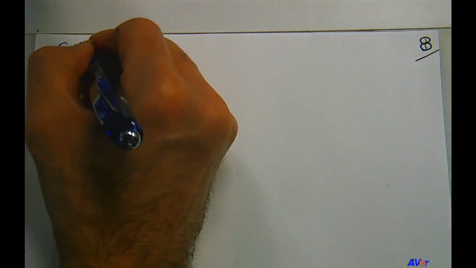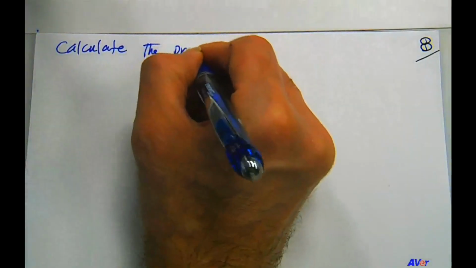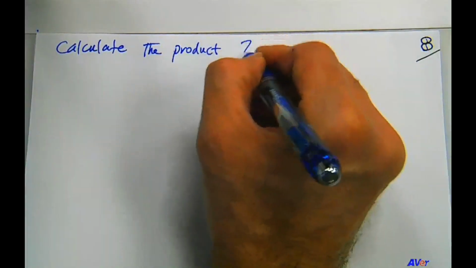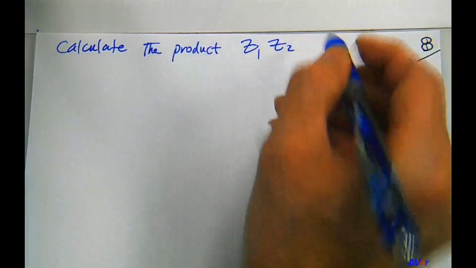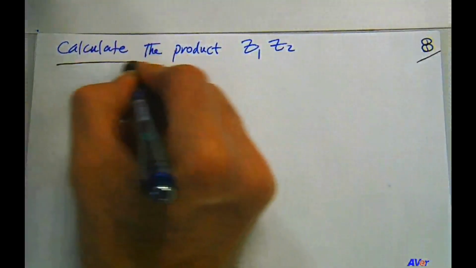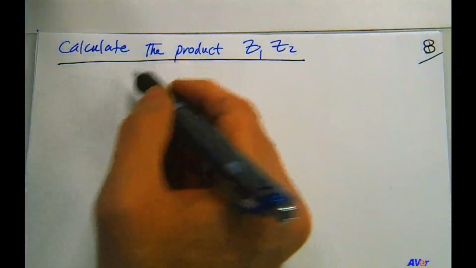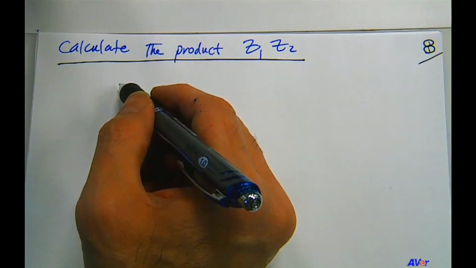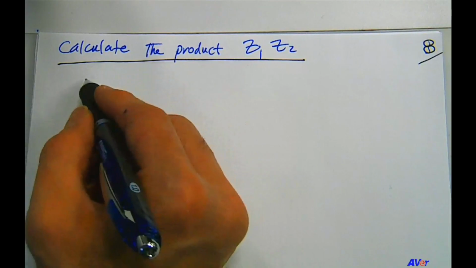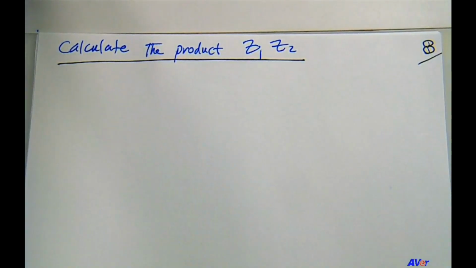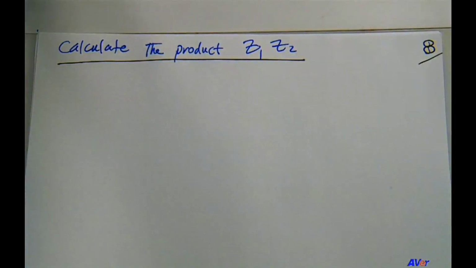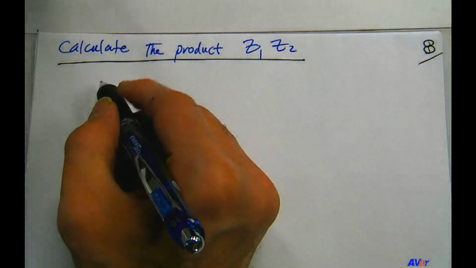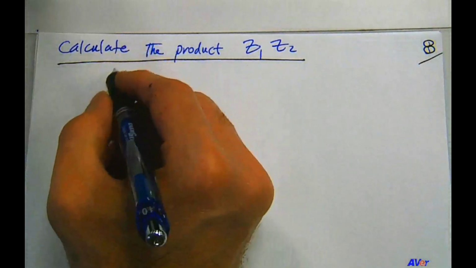Okay, so for this one, we want to calculate the product z1 z2. We already have z1 and z2, and I better write these on the same slide because I want you to see this on the screen.